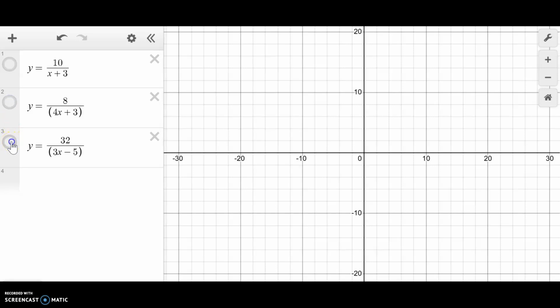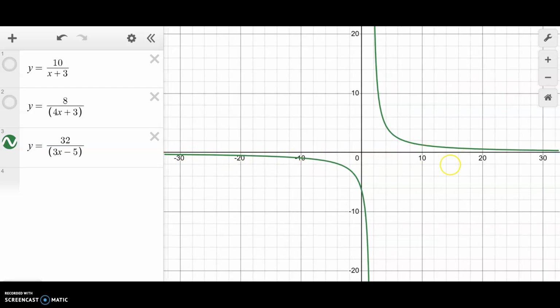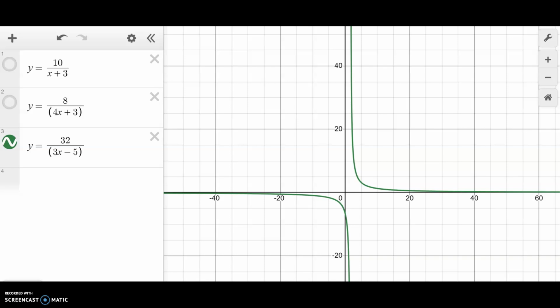Okay, and then for my final function, y equals 32 over the quantity 3x minus 5, it looks like my vertical asymptote is at about 1 2/3, 5 over 3, which is not surprising. If I set 3x minus 5 equal to 0 and solve, I'll get my vertical asymptote. And my non-vertical asymptote, in this case it's horizontal, my horizontal asymptote again appears to be y equals 0.